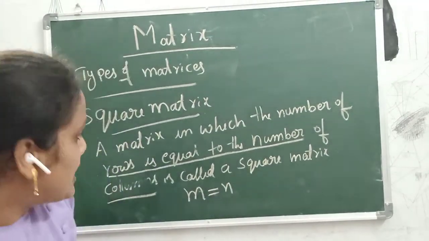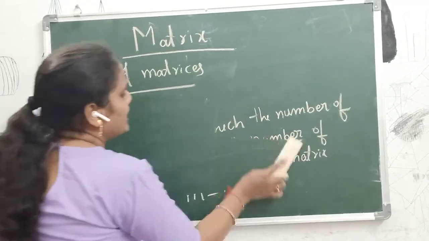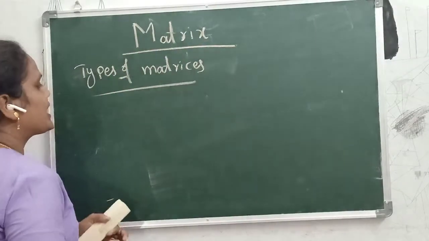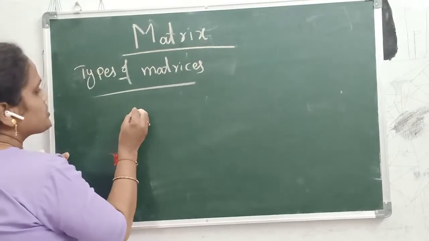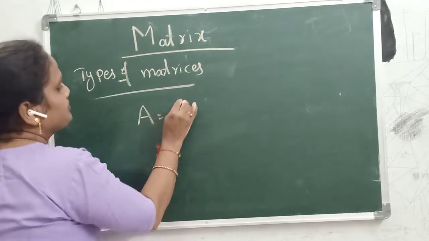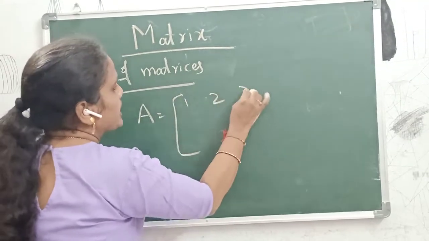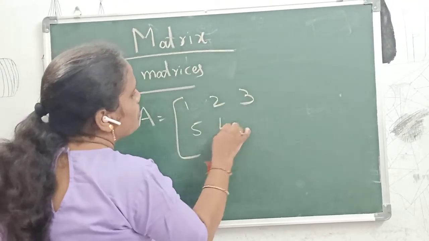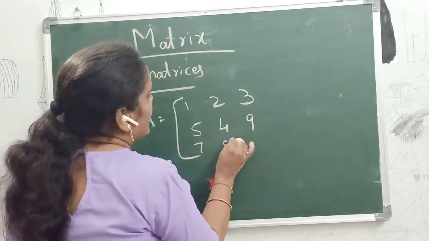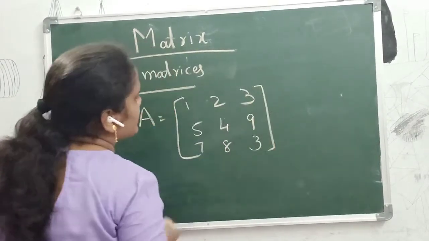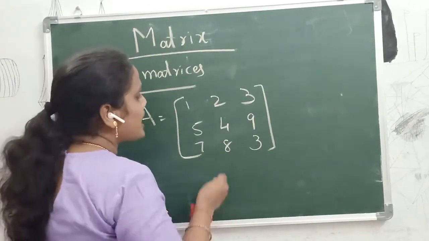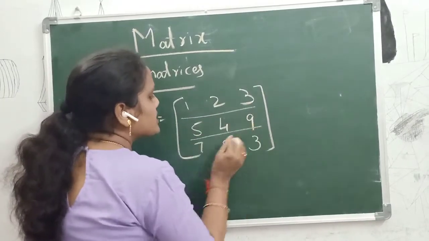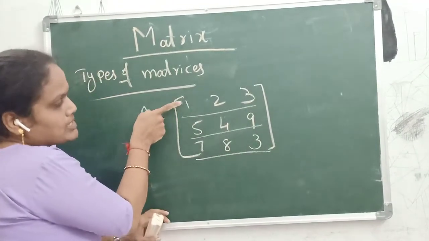In the example, we will see how we recognize, how we identify the square matrix. For example, 1, 2, 3, 5, 4, 9, 7, 8, 3. So this type of matrix is there. How many rows are there? Rows means horizontal.